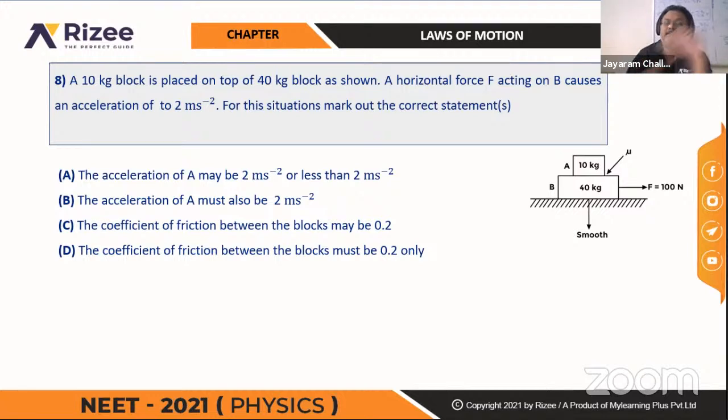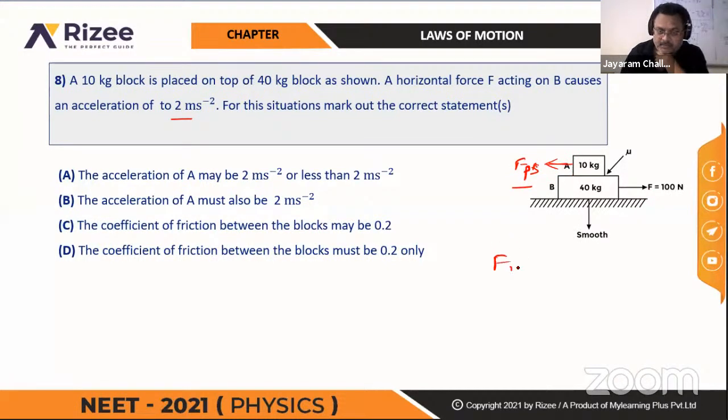Since it has been moving, the acceleration has also been provided to us. In this case, since the bottom block is being pulled, it feels a pseudo force with the acceleration of the system. What is the acceleration of the system? It is 2.